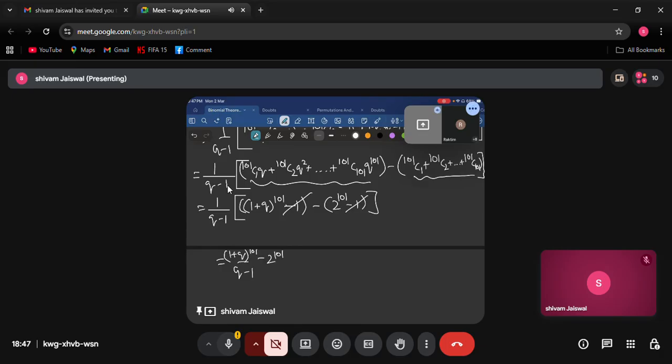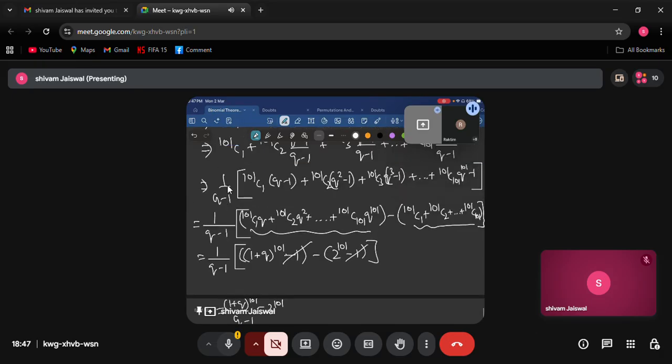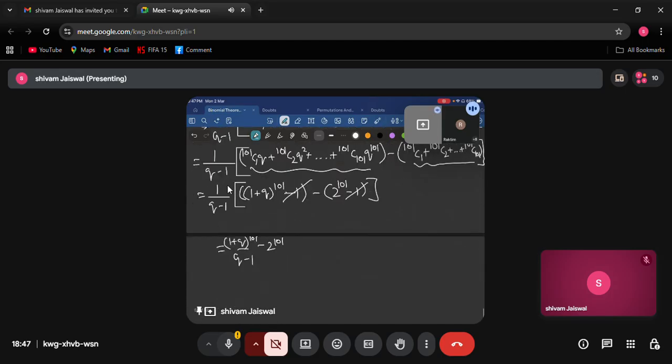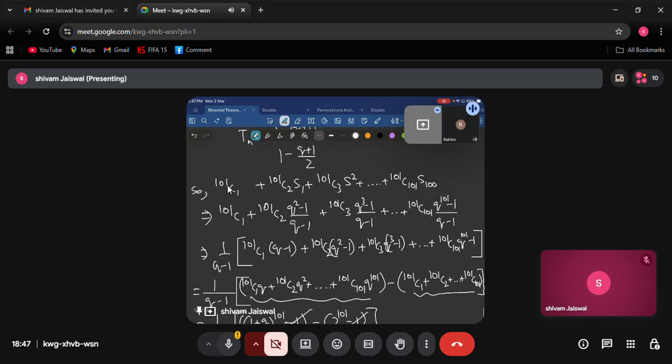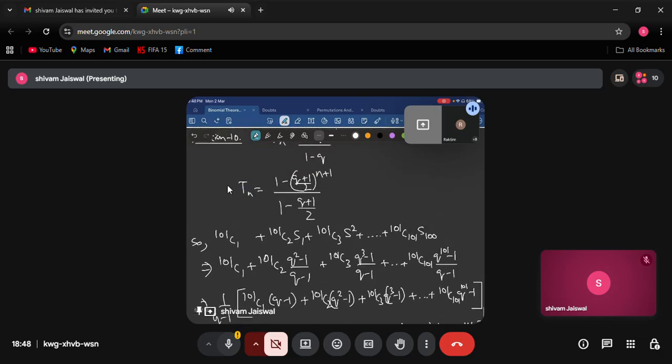Okay. So what are they asking us? They are asking us alpha into T100. What is T100? Let us calculate this. Tn is equal to, multiplying by 2 to the power n plus 1, we'll get q plus 1 whole to the power n plus 1 minus 2 to the power n plus 1 upon q minus 1 into 2 to the power n.